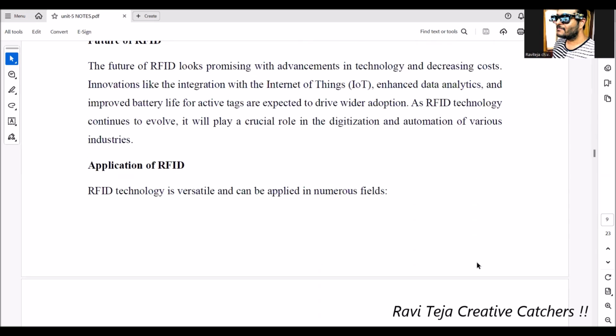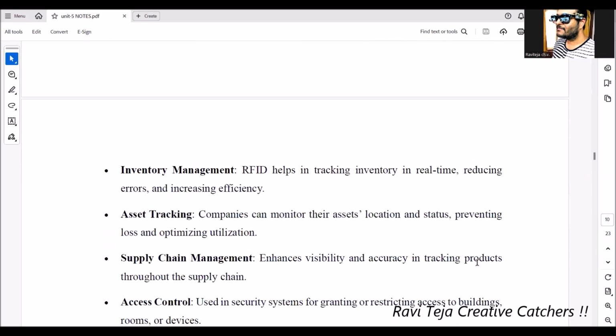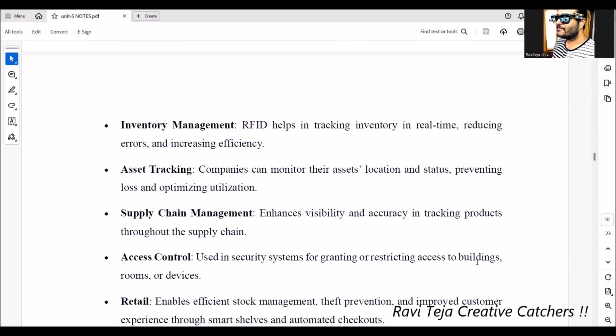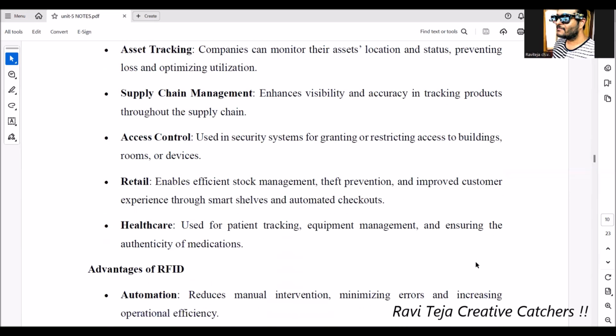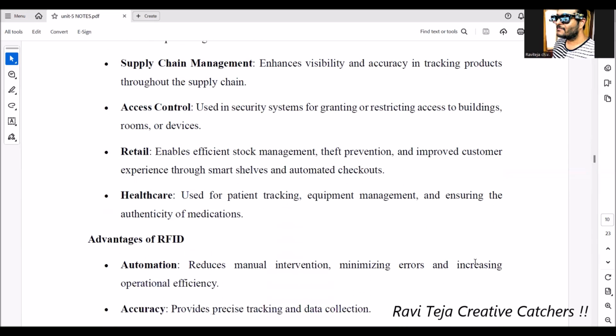And coming to the applications of RFID, it is mainly used in inventory management and asset tracking, where you can track the location or the status, and also in supply chain management, access control, retail, healthcare, whatnot. You might have already seen ID cards for access; in such applications, this kind of RFID technology is involved.